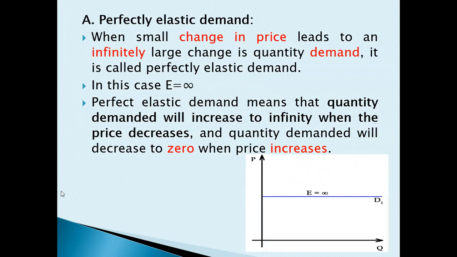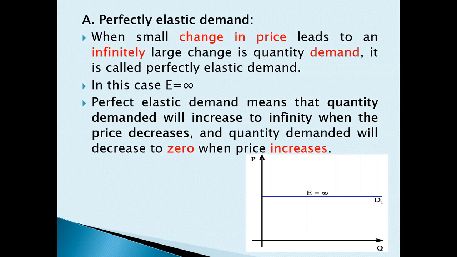Now look at this perfectly elastic demand. First let us understand the theory. When a small change in the price leads to an infinitely large change in the quantity demanded, that is x. If there is a change in y, there is an infinite change in x.